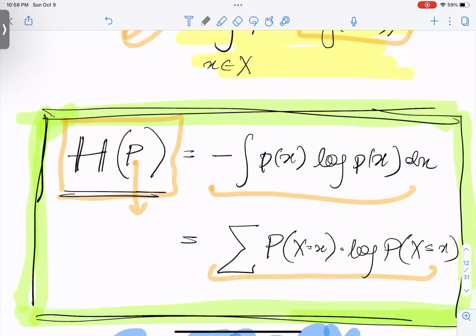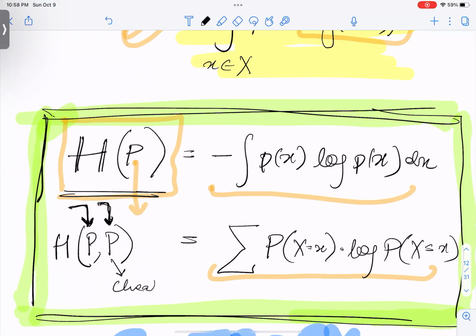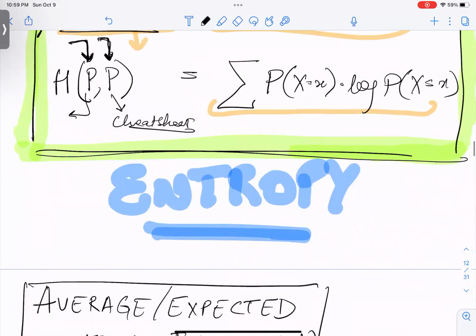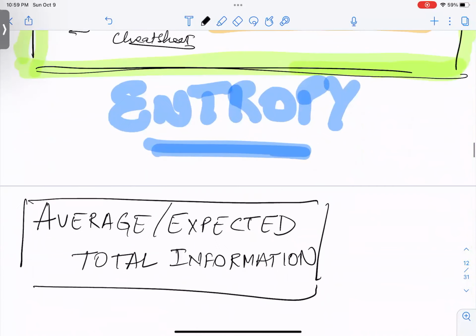We can also sometimes write it like this, H_p of p, as in this was the probability distribution from which we were sampling the events, and this is the probability distribution from which we were getting the information. This was our cheat sheet that we already have, and this is the one according to which we were sampling our values. And this is nothing but entropy.